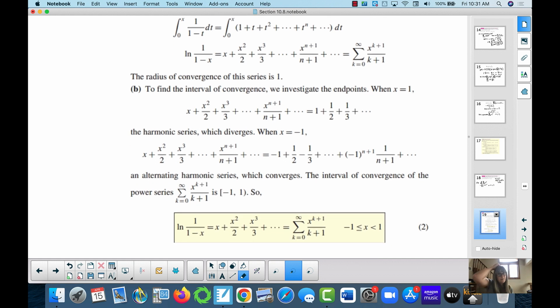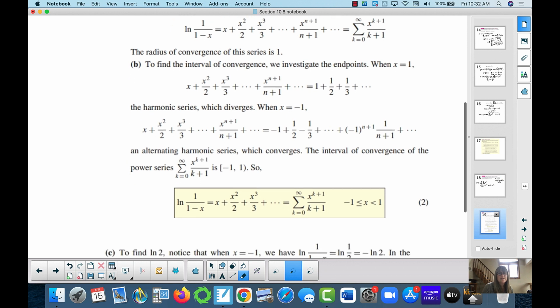And again, it's going to have the same radius of convergence as the original one did. To determine the interval of convergence, we don't want to just say that it's exactly the same. We have to check the endpoints. In this case, you will find that -1 actually converges, because we get an alternating harmonic series. Remember, the harmonic series, which is all positive, diverges, but an alternating harmonic series converges.